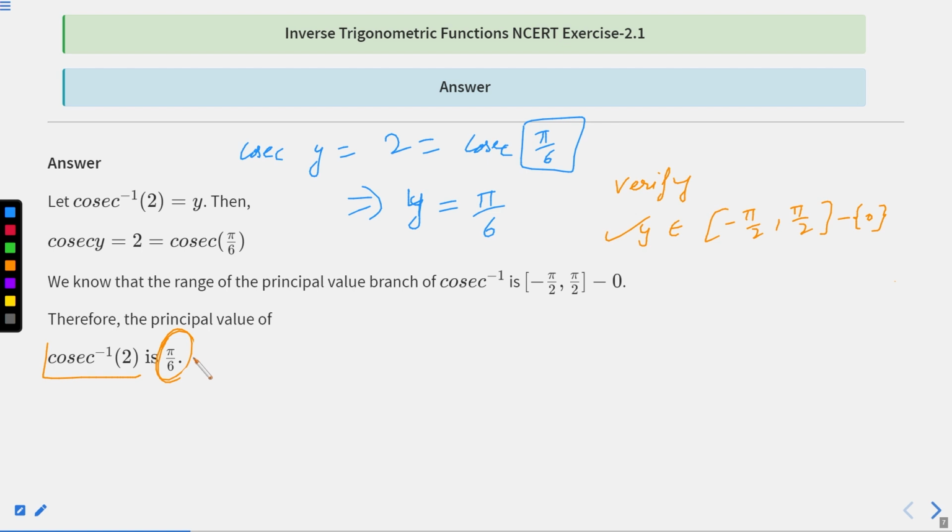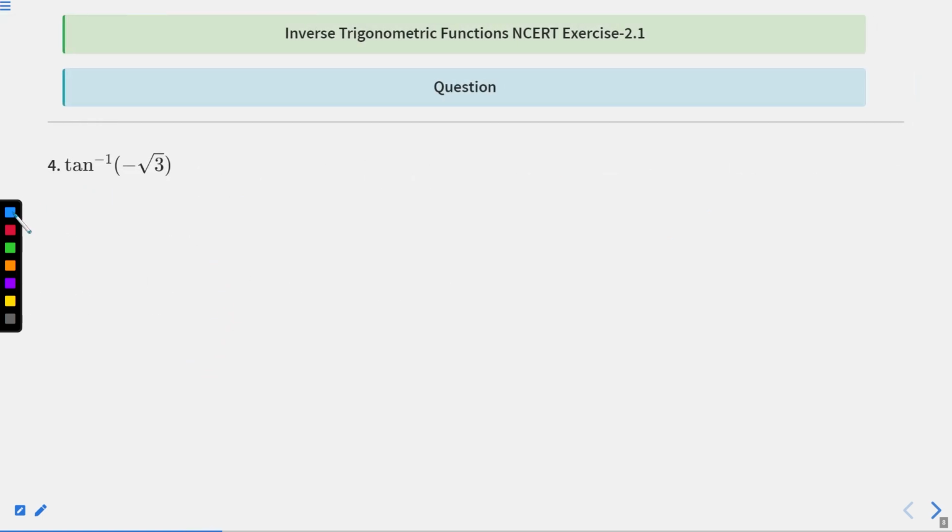In the next question, find out the principal value for this. What is our domain and codomain, or the range, for this inverse function? We know, if you recall, this is the tan inverse graph, and this is minus pi by 2, this asymptote is pi by 2, and the domain is whole R. So this tan inverse function is defined from the set of all real numbers to the open interval minus pi by 2 to pi by 2.